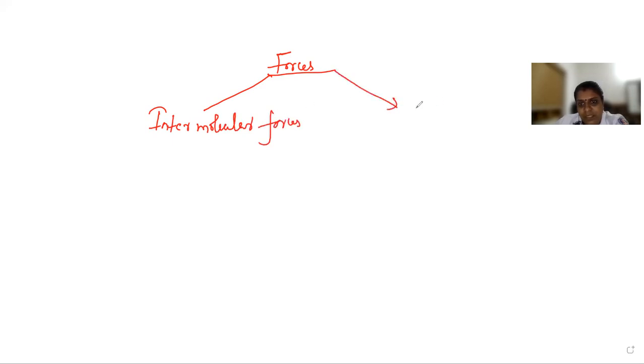I'll tell you the difference between intermolecular forces and intramolecular forces at first. So forces are divided into two. The first one is called intermolecular forces, and the other one is called intramolecular forces.